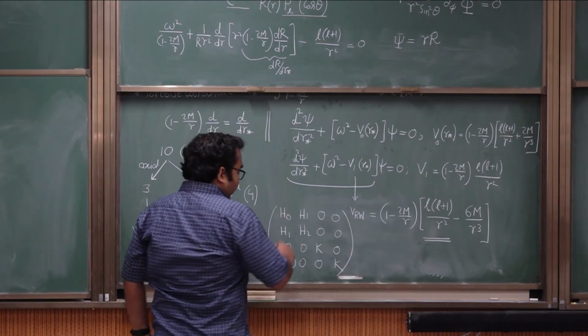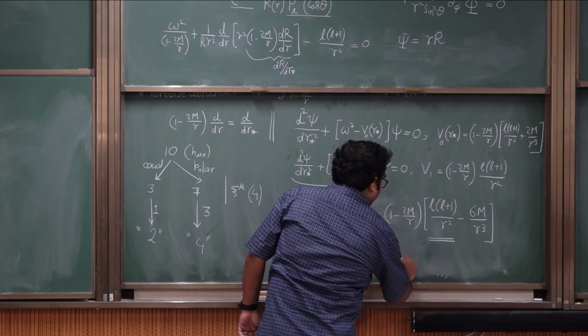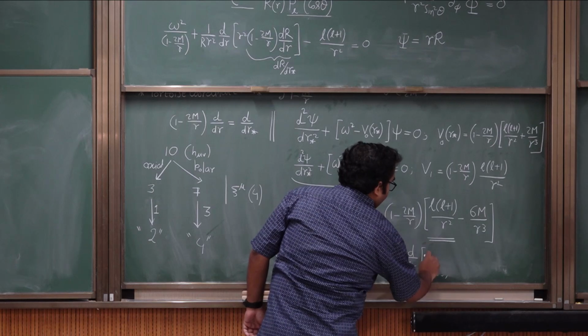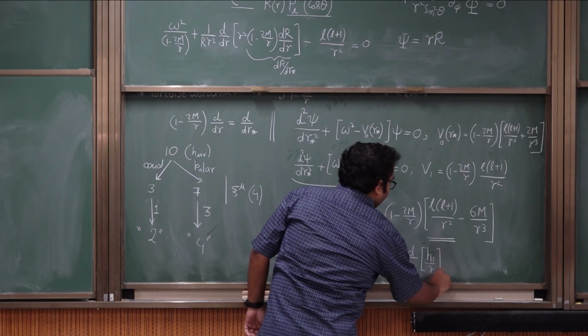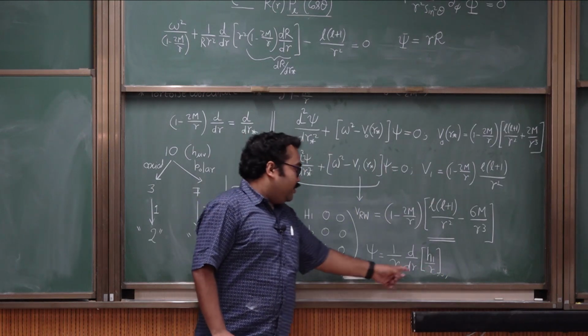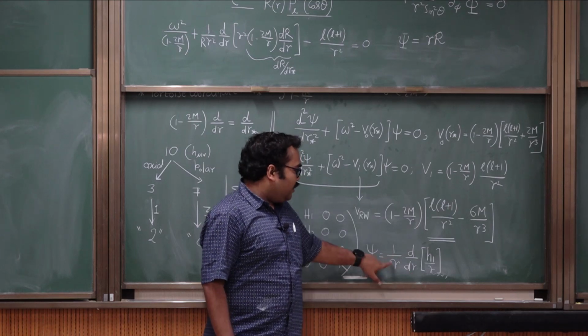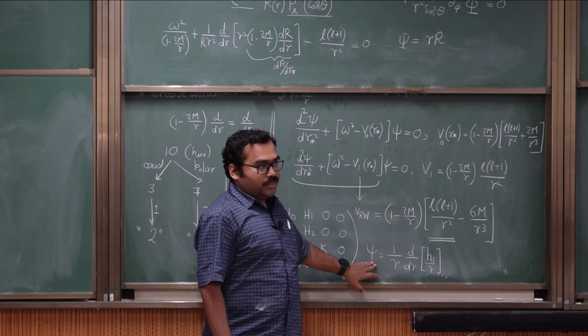Oh, that's psi. Again, I'm quoting from memory. If I'm not wrong, it was something like this: d/dr of H1 by r. So you take H1, then there is some combination, you take its derivative, whether this is 1 by r or r, I don't remember exactly, and that gives you the Regge-Wheeler psi.